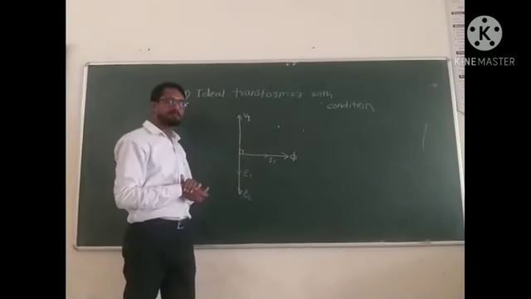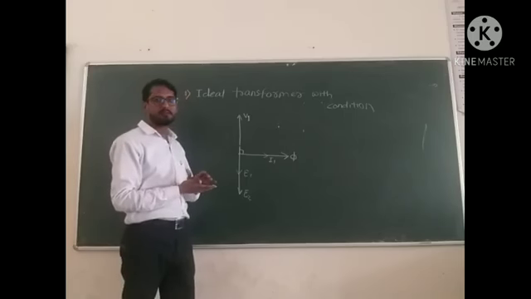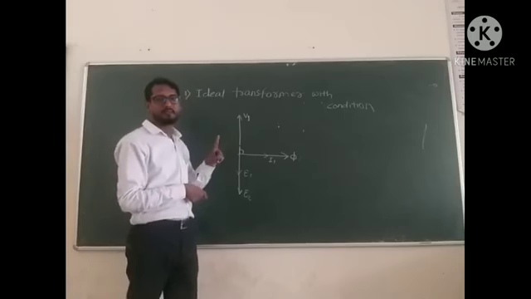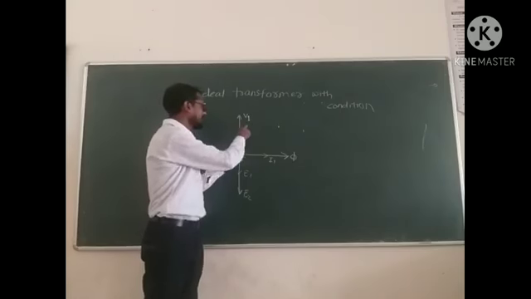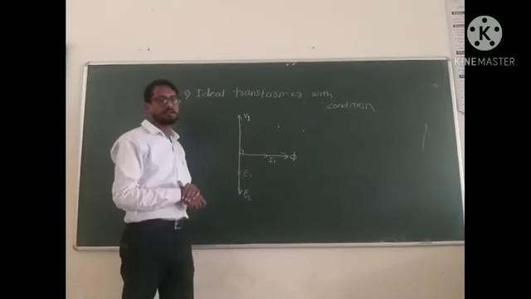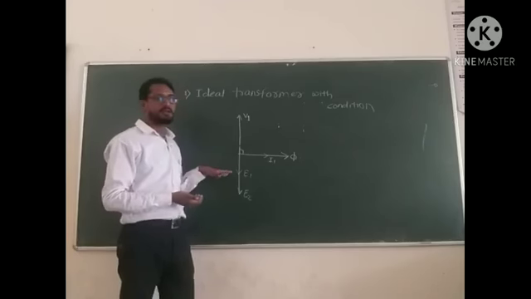And the winding is purely inductive in nature, so a lagging angle is created between the primary voltage and the magnetizing current, or primary current. So we draw V1 and I1 exactly 90 degrees apart, and E1 and E2.